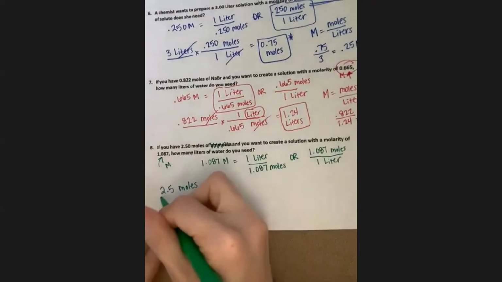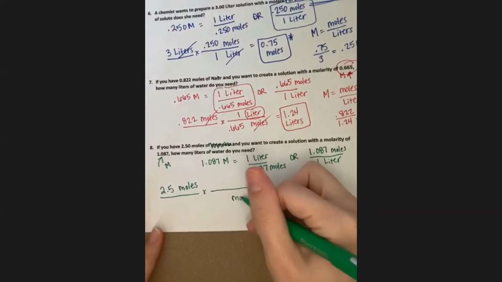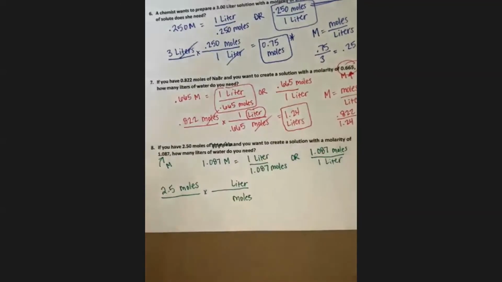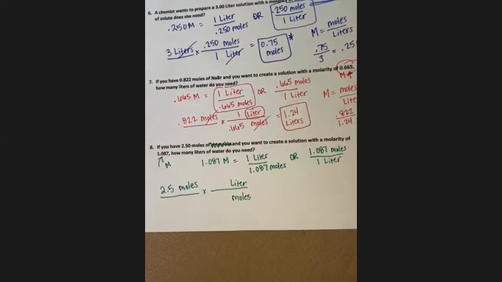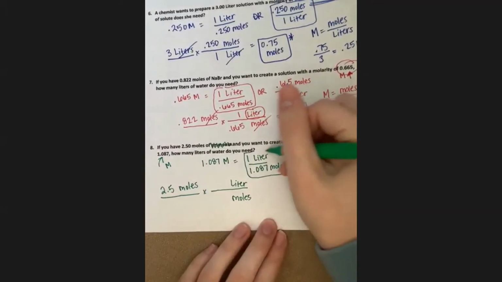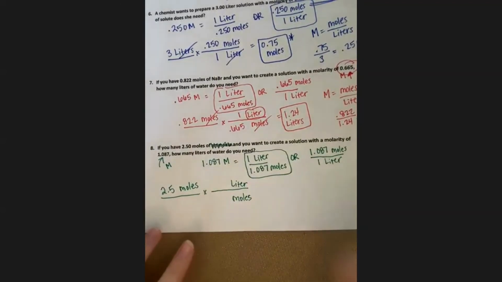Okay. So I'm going to draw my fraction. I want moles to cancel. I'm looking for liters. Okay. So if I want moles on the bottom and liters on top, I'm going to pick this fraction right here. Okay. So I'm going to fill my numbers in.